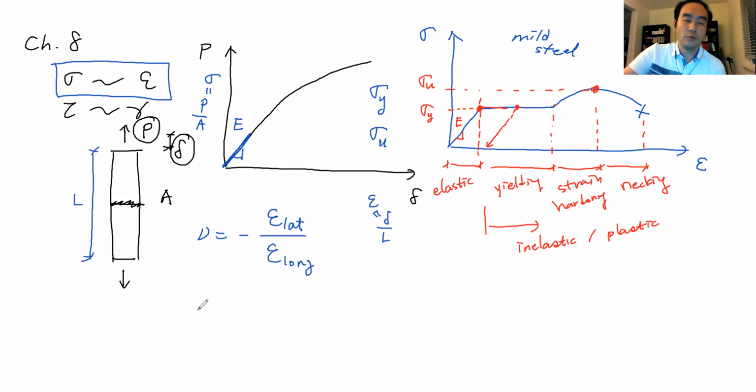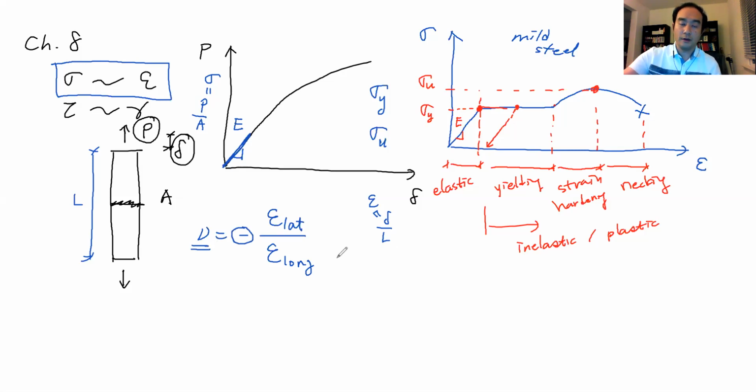So for example, when we have a member and apply the axial force this way, we expect to have shortening in the lateral direction. So this is the longitudinal direction, this is the lateral direction. Whenever we have an elongation in one direction, the other one should be shortening, and vice versa. That's why we put the negative sign in the formula, to make this nu value always positive.